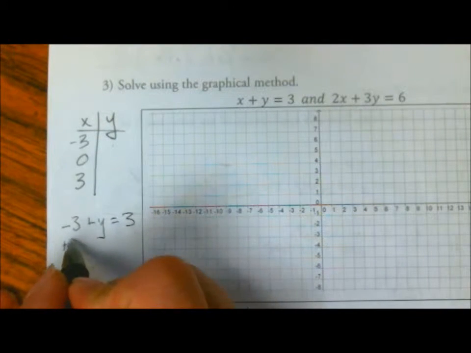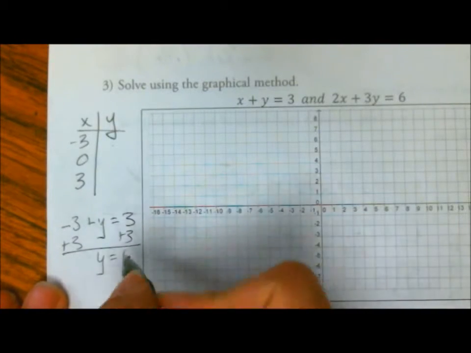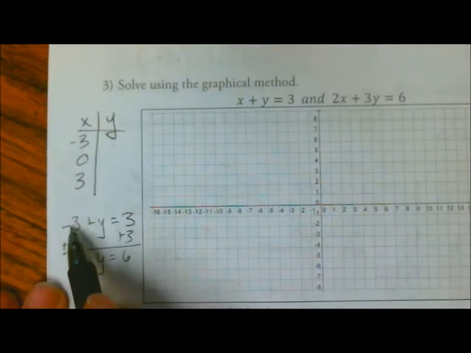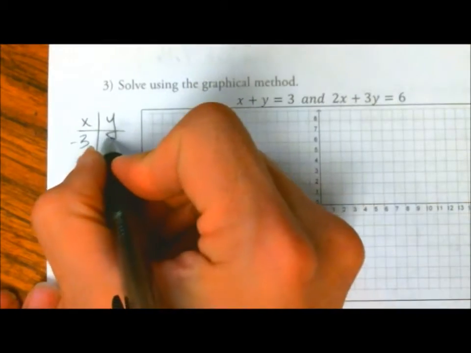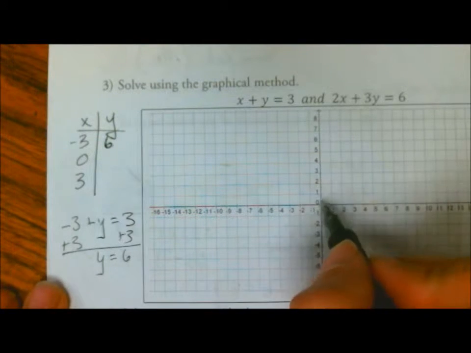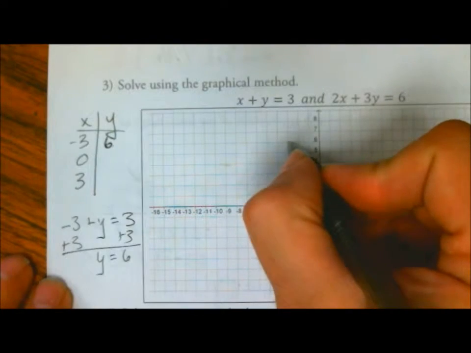If I add 3 to both sides, I get y equals 6. So when x is -3, right here, y is 6. And I plot that on my graph.